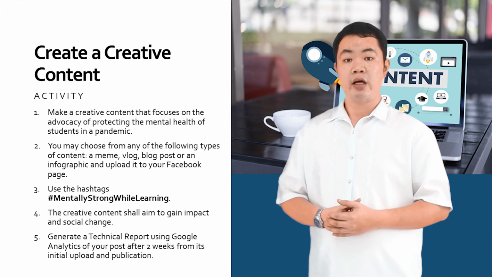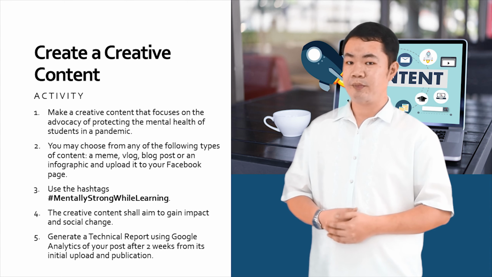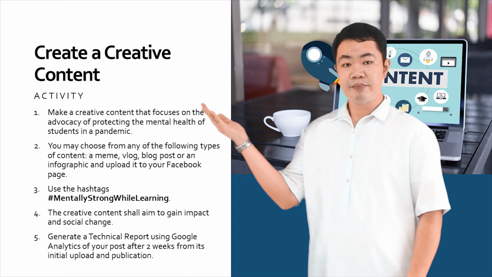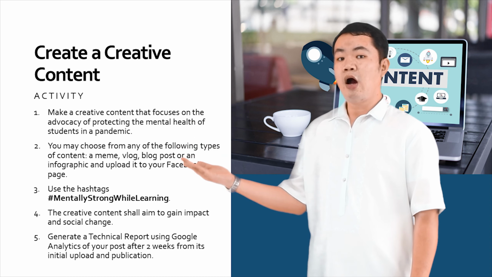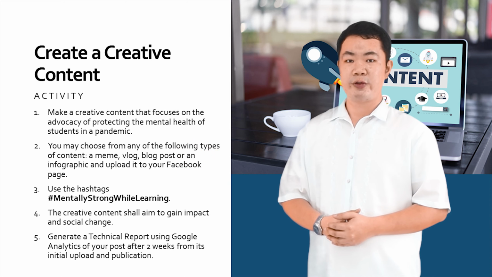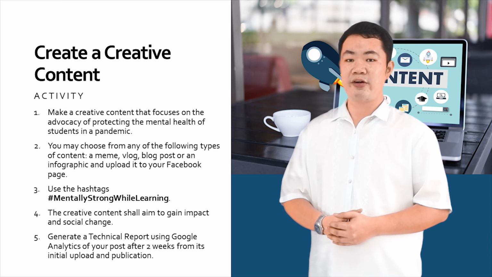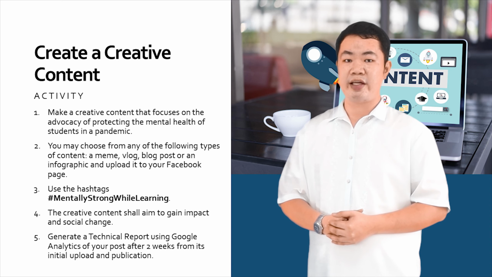Number 2, you may choose from any of the following types of content: a meme, vlog, blog post, or an infographic and upload it to your Facebook page. Number 3, use the hashtag #MentallyStrongWhileLearning. Number 4, the creative content shall aim to gain impact and social change.